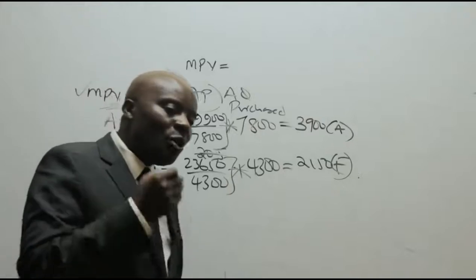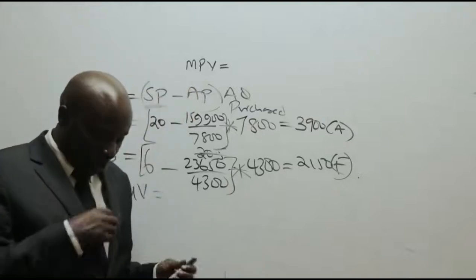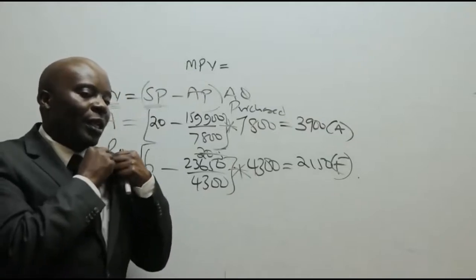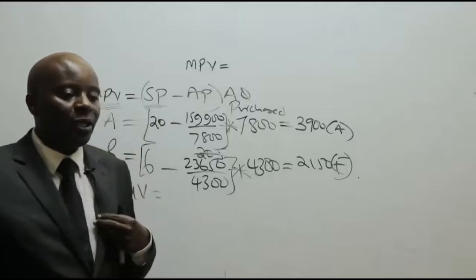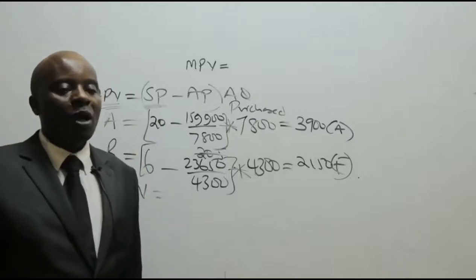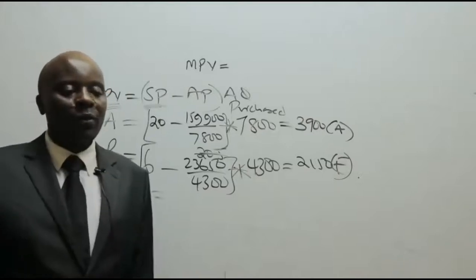So material usage variance, first of all, I would want to see whether there is any student who will be able to give us the formula of material usage variance.